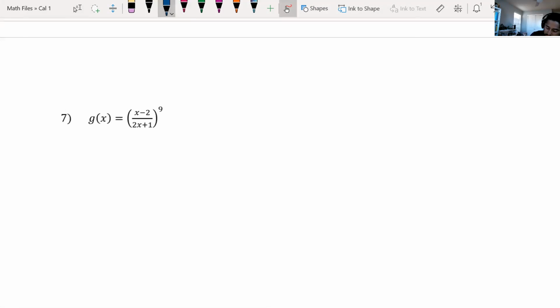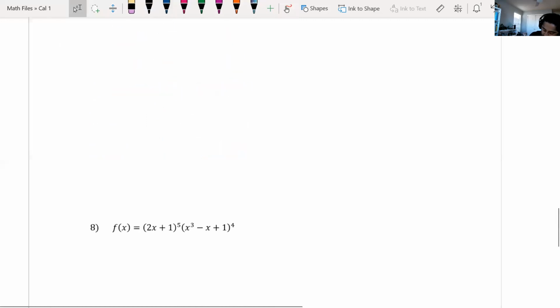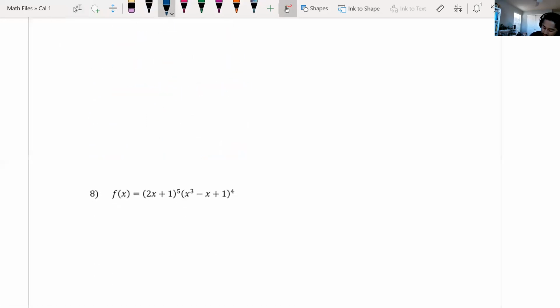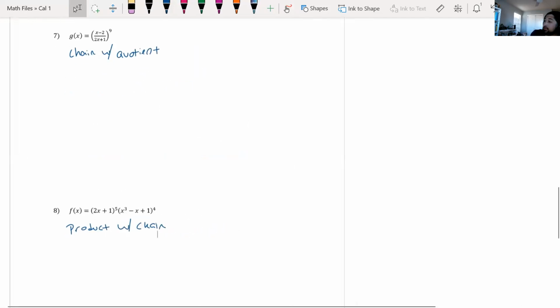Number 7 is going to be a chain rule with a quotient rule. Chain with quotient. And number 8 is going to be a product with chain.